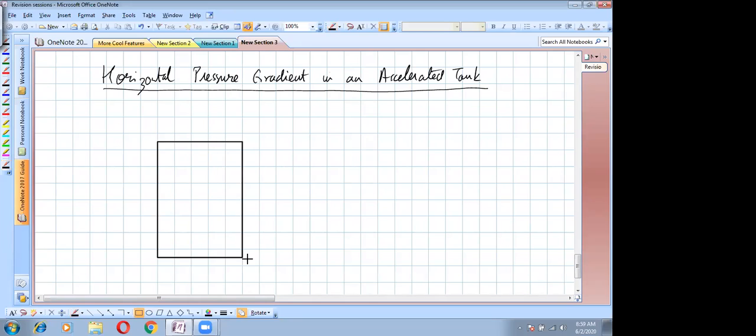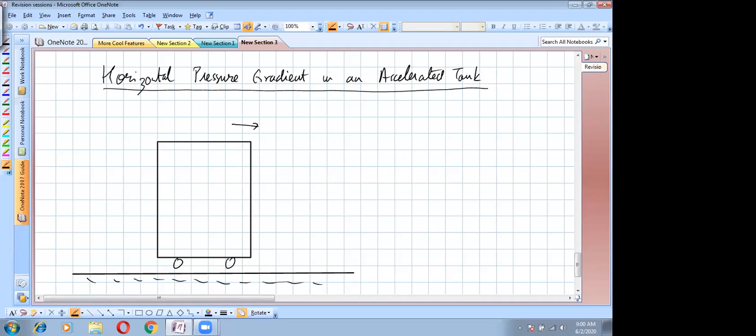So suppose we have a tank which is moving with a uniform horizontal acceleration a. Of course, acceleration due to gravity exists.